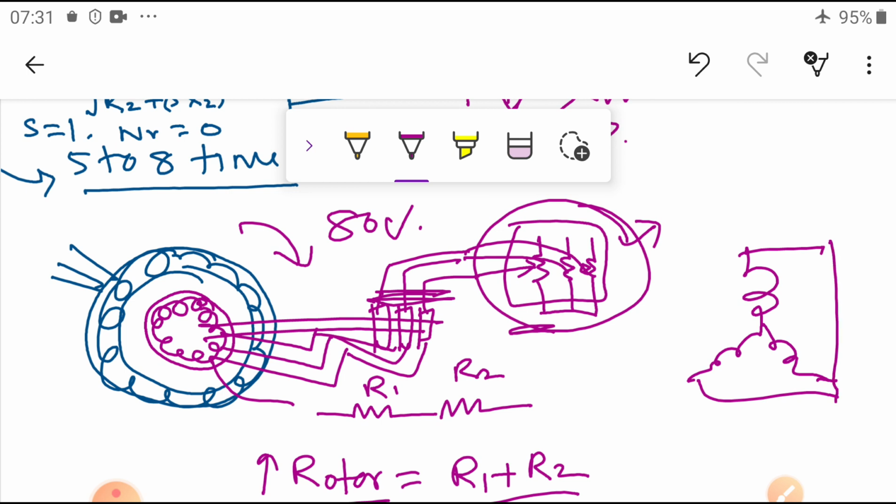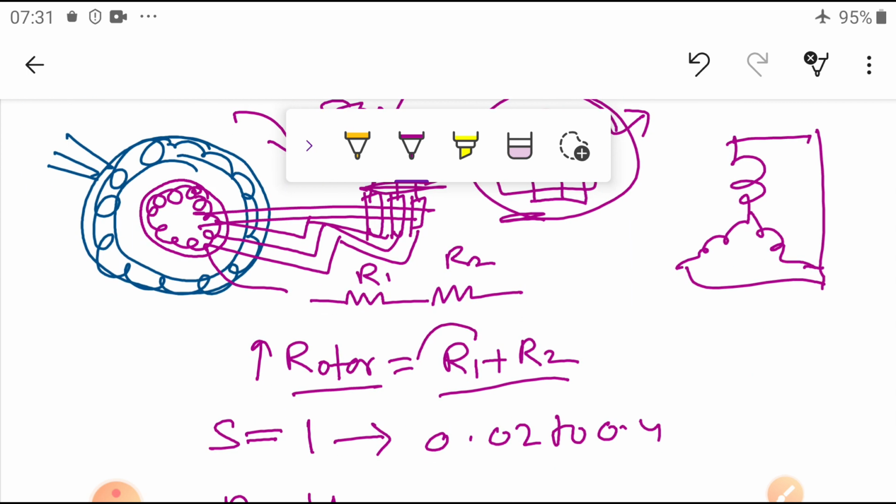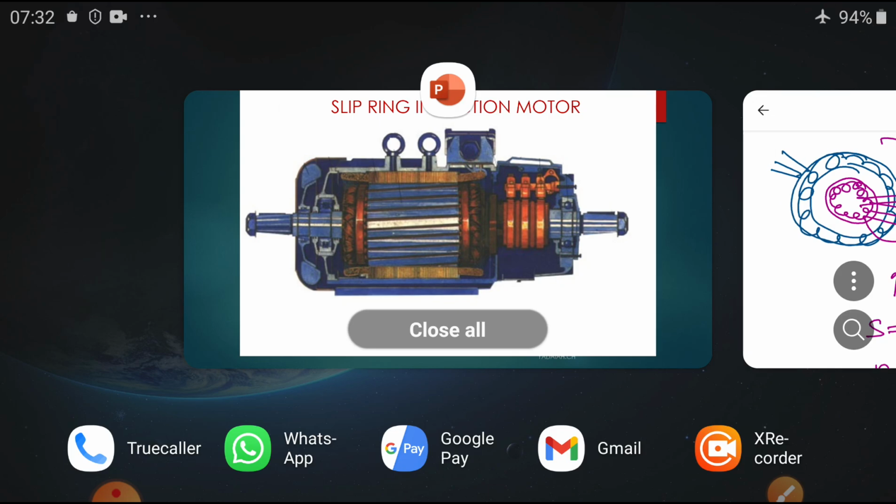Then only the winding resistance is present, not this external resistance. So this is the concept of rotor resistance starting. We will see the resistance in detail. This is the basic circuit concept. Now let us see it in our PowerPoint.